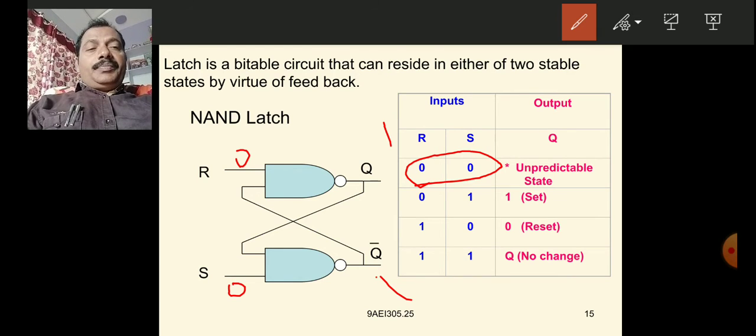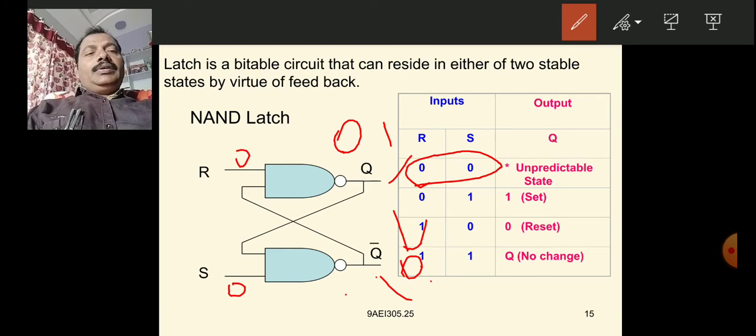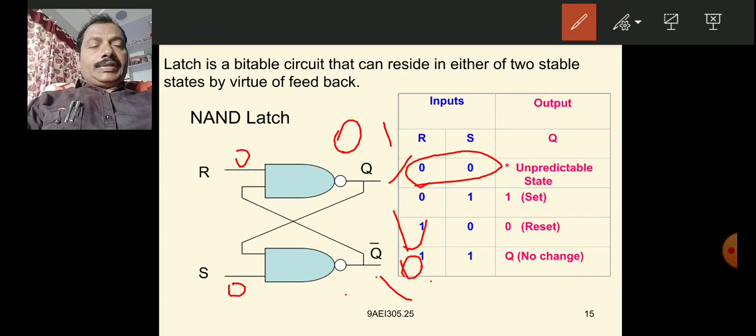That is a very important point. That means if Q equals 1, then Q bar must be 0. If Q equals 0, Q bar must be 1. Outputs must always be complementary to each other.